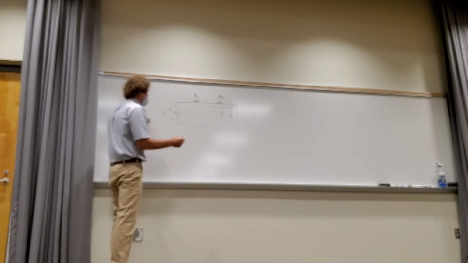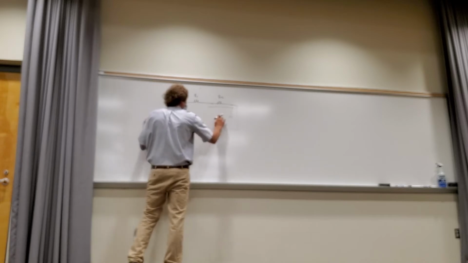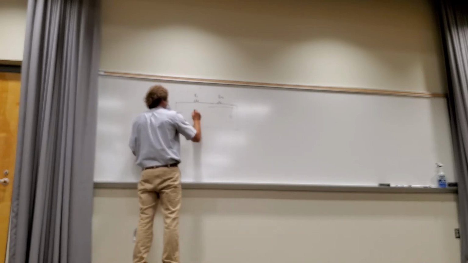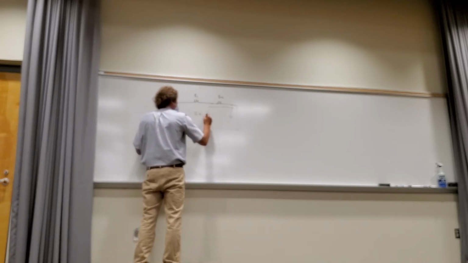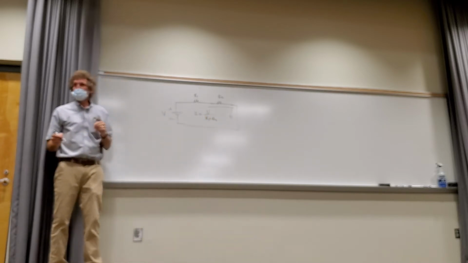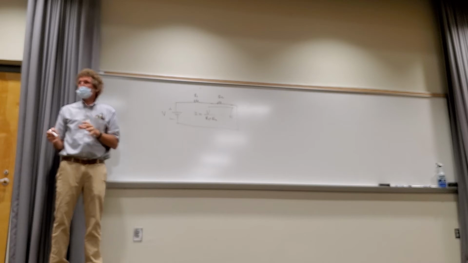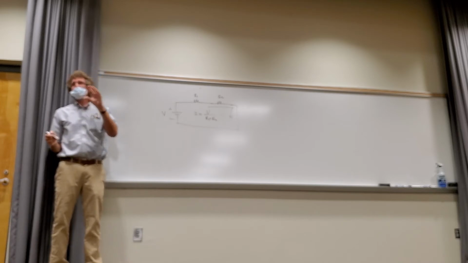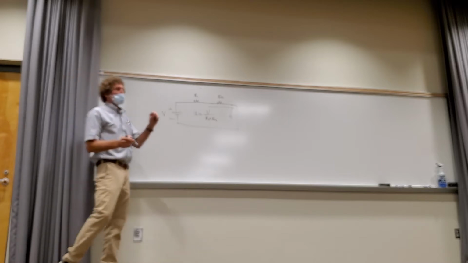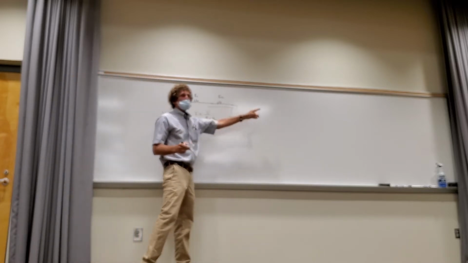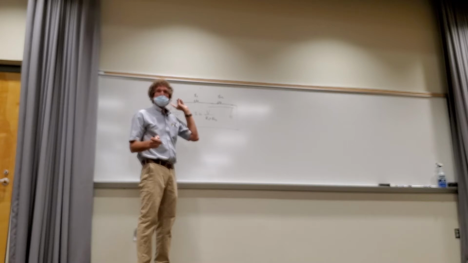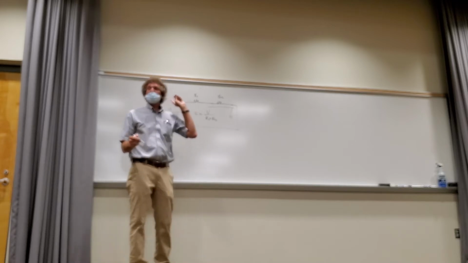They know that that current I right here is simply V over R1 plus R2. Y'all follow me? Now, I can prove that in a lot of ways, but it is true. And in general, if you want an equivalent resistance for any number of resistors that are in series, you just add them up and replace it.